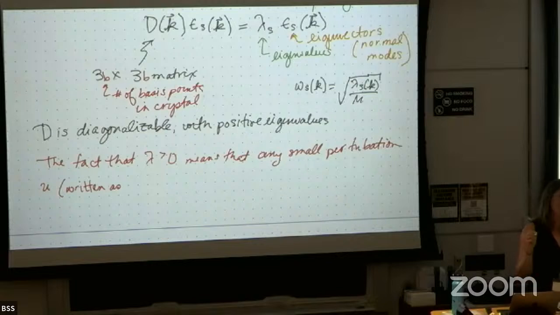And they're an orthonormal basis. So yay. So I can write any perturbation as a sum over these little normal modes.